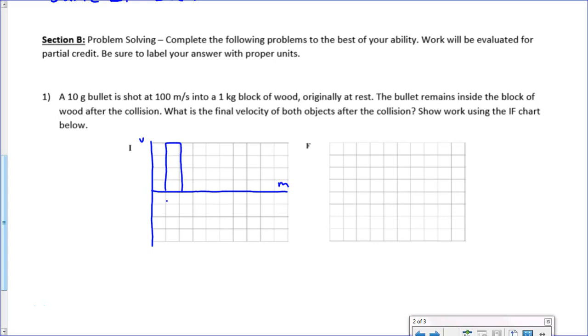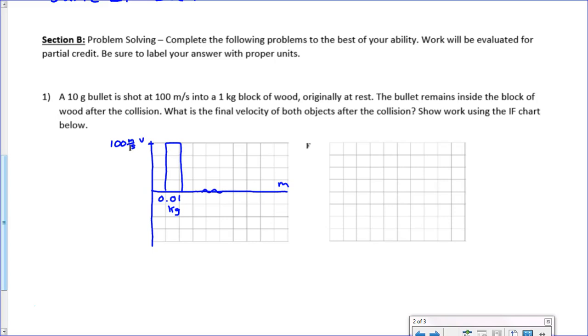It has a mass of 0.01 kilograms because it is 10 grams, so 0.01 kilograms. And we know that the velocity here is equal to 100 meters per second. All right, so it's traveling 100 meters per second.